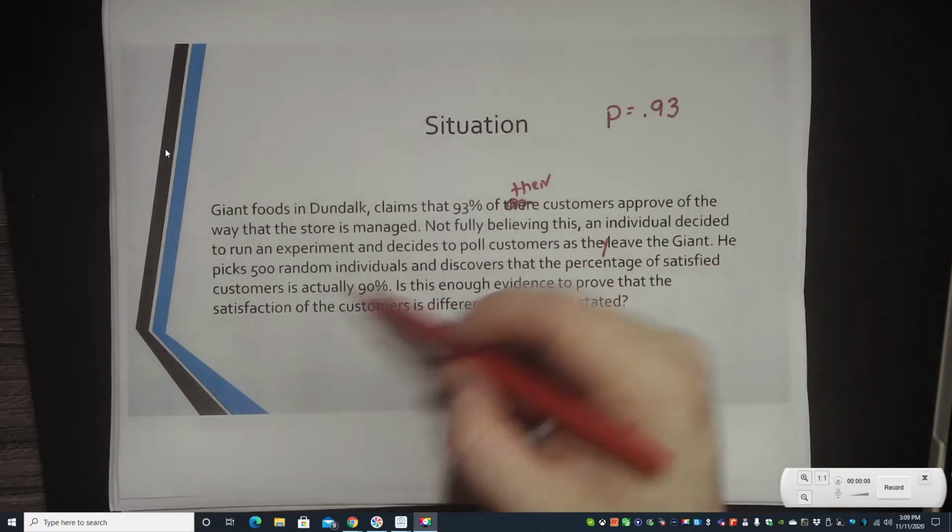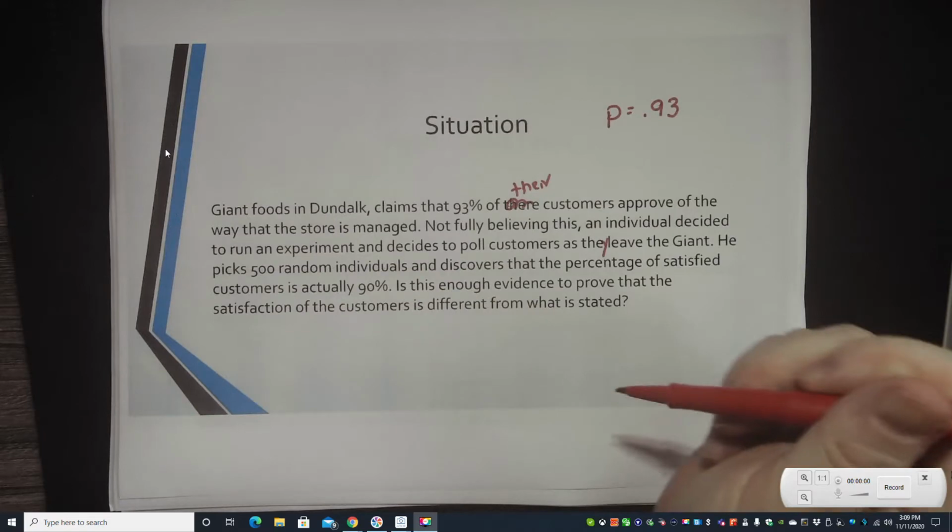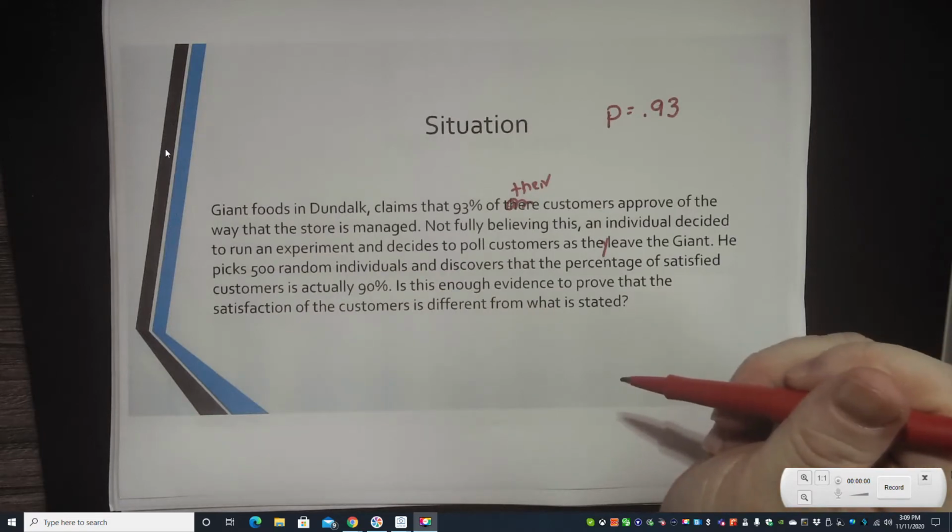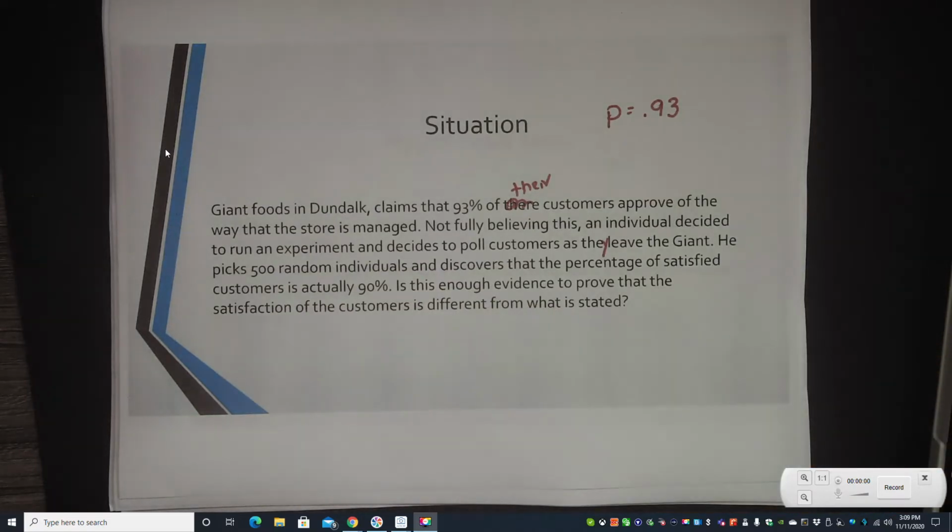The 90% is based off the 500 random individuals that this particular person was sampling. That's going to be important because you need to know what the p is to do most of our calculations in here.